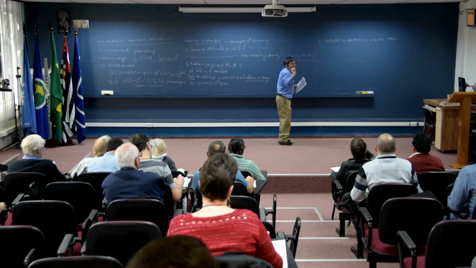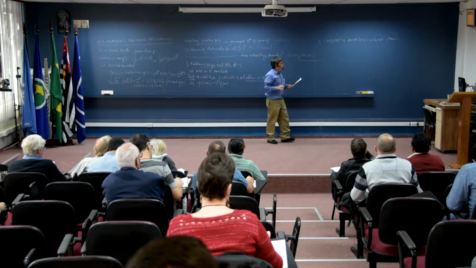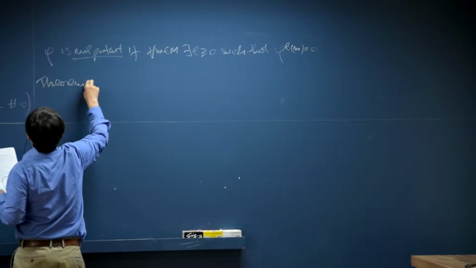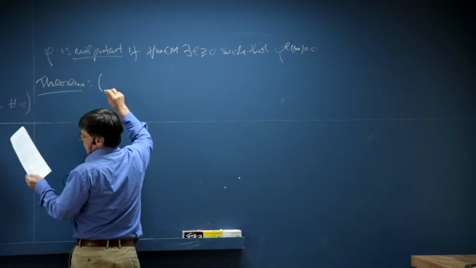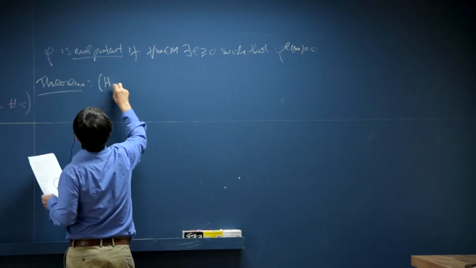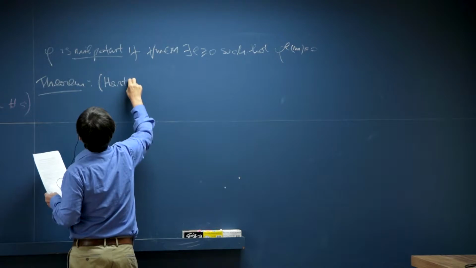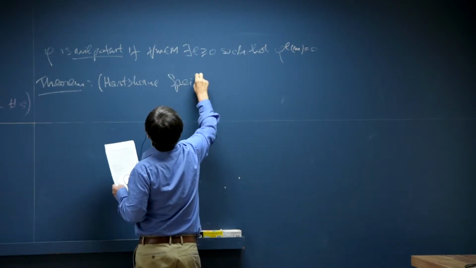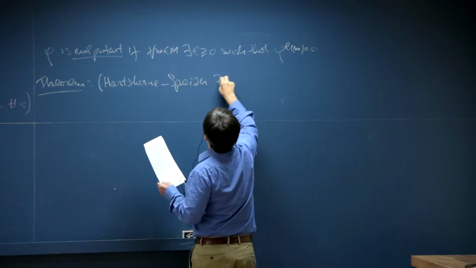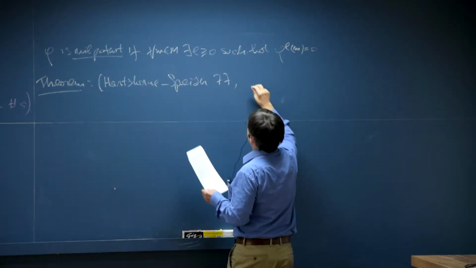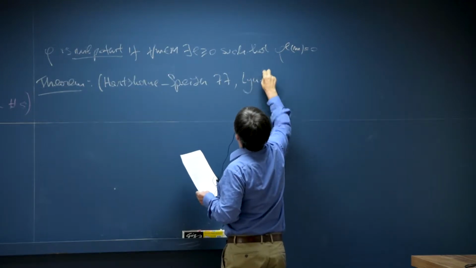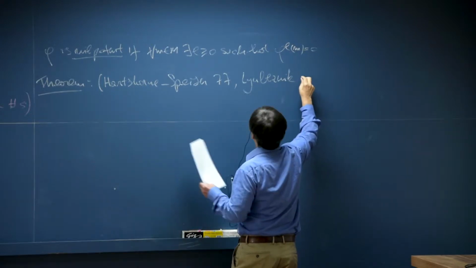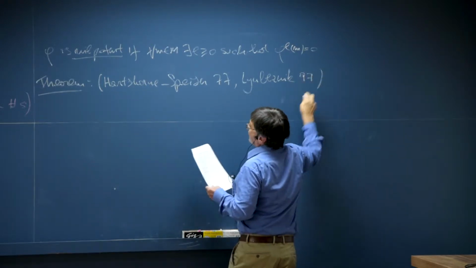So here's the central theorem that is going to underpin everything I'm going to do in this talk. So this was first proved by Hartshorne and Speiser in 1977. And later it was done in the general case by Lyubeznik in 1997. And it says the following.